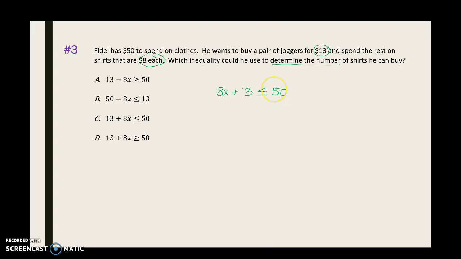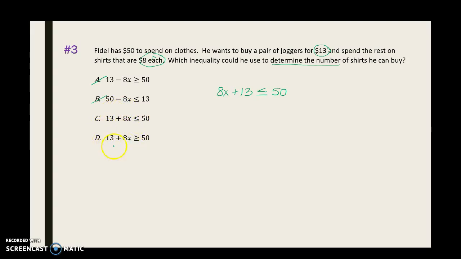So let's find it. So 13 minus, oh, I'm sorry, this should be a 13. Okay, 13 minus 8. So are we subtracting the 8? No, we're adding. So that's gone. 50 minus 8. That's not what we have either. Let's see, 13 plus 8.